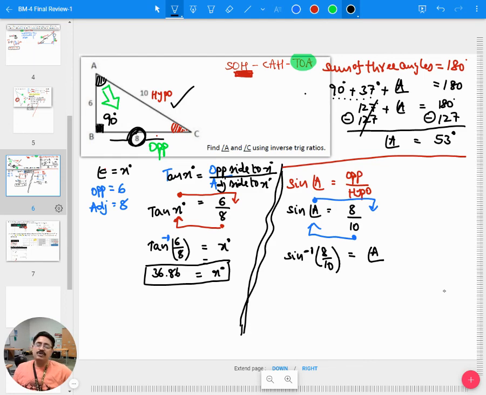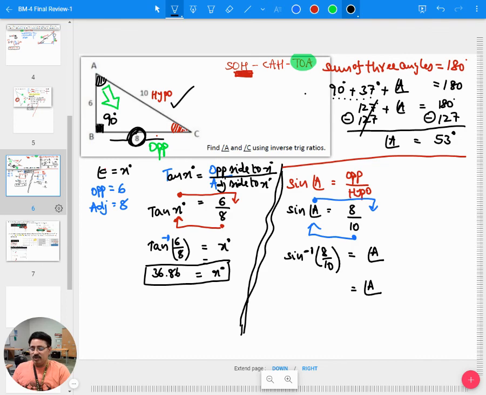Please practice using either the TI-84 calculator or Desmos to calculate the angles, so that if you are taking any test, then it becomes easy. Okay, so let me make use of my TI-84 calculator.